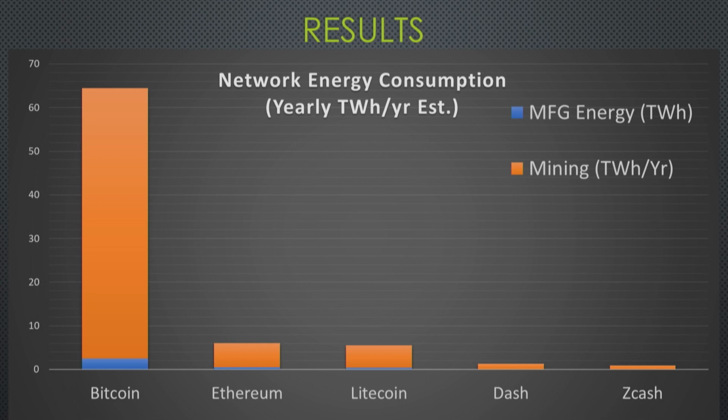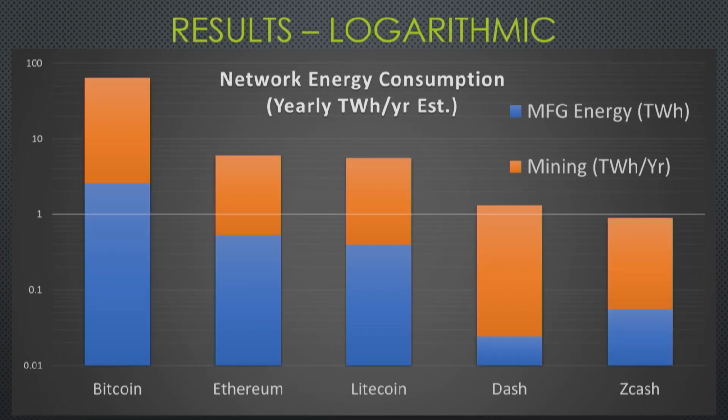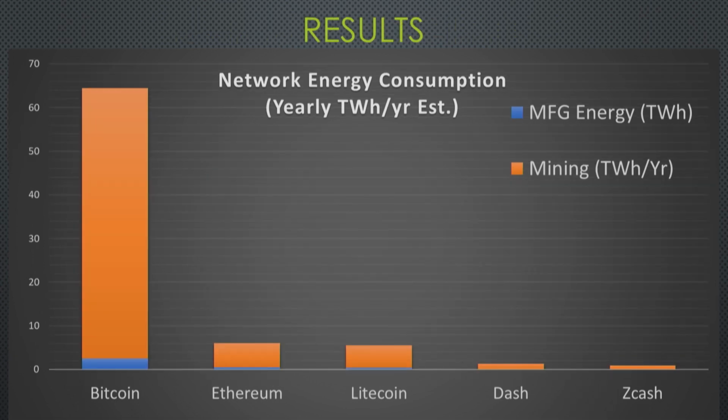This is graphed on a normal scale, but I thought the logarithmic scale gives a little more detail as far as the breakdown between manufacturing energy and mining energy. But really, it shows that the majority of this consumption from mining doesn't actually come from the production of the equipment, but the operation of that equipment.